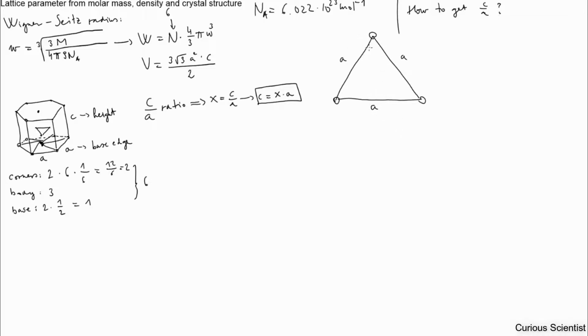And then since it's an equilateral triangle, let me write it down. Then all of the angles are equal, of course. So this thing is 60 degrees here, and then of course the half of it, let's call it alpha, and that will be 30 degrees.